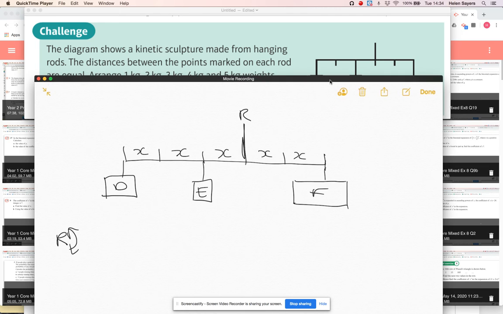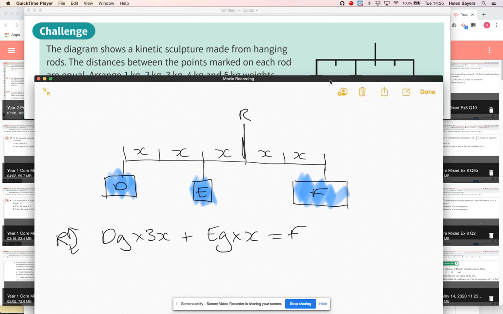So I've got mass D causing an anti-clockwise moment, and that's a distance of 3x away. I've got mass E also causing an anti-clockwise moment, so that is x away. And then I've got this mass F, which is actually A, B, and C added together, is causing a clockwise moment, which is keeping it in equilibrium, and that is a distance of 2x away.